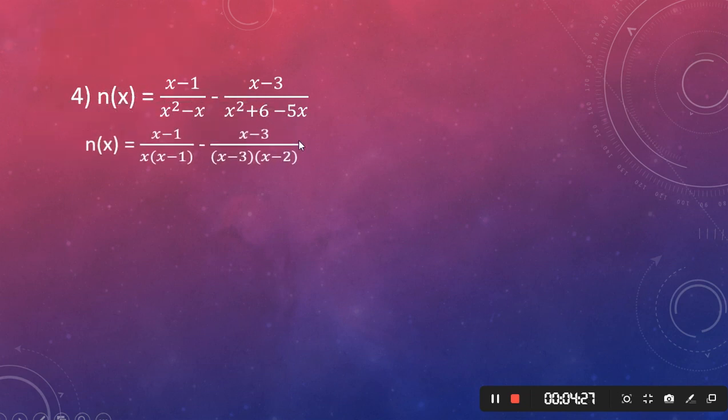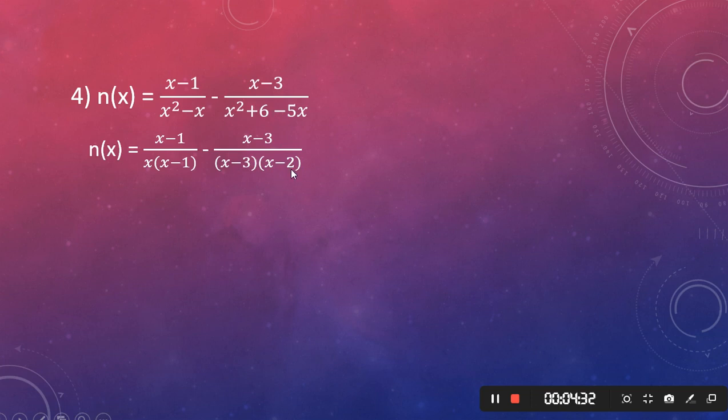So I will rearrange it. After rearranging it, this will be factorized to this form. So x minus 1 over, I take out x, times (x minus 1), minus (x minus 3) as it is over, this can be factorized to (x minus 3) times (x minus 2).